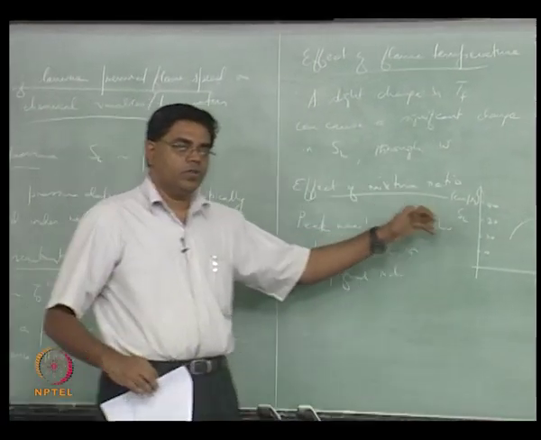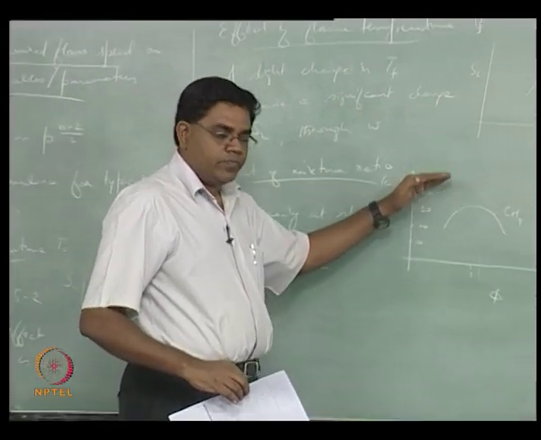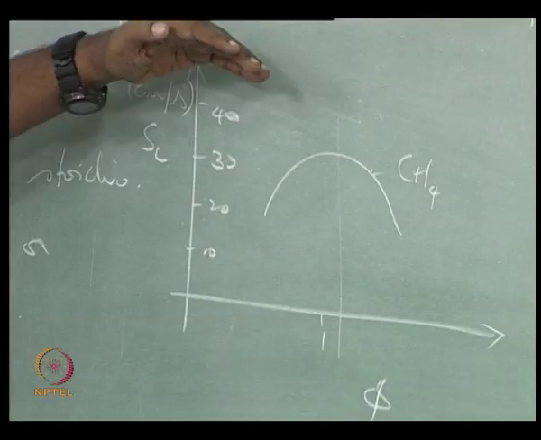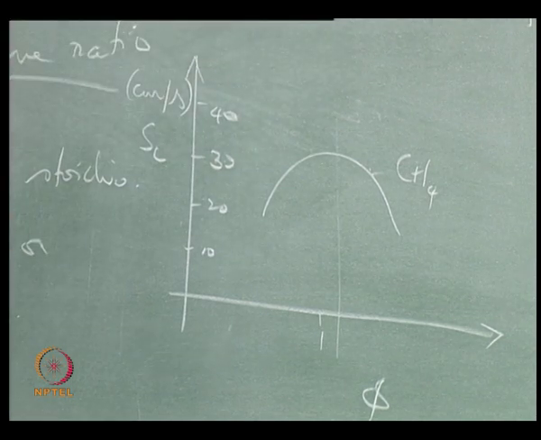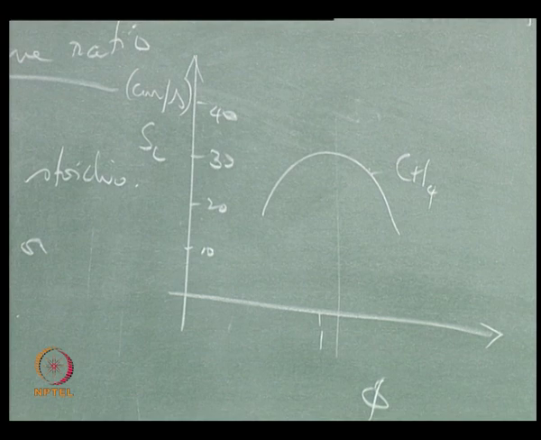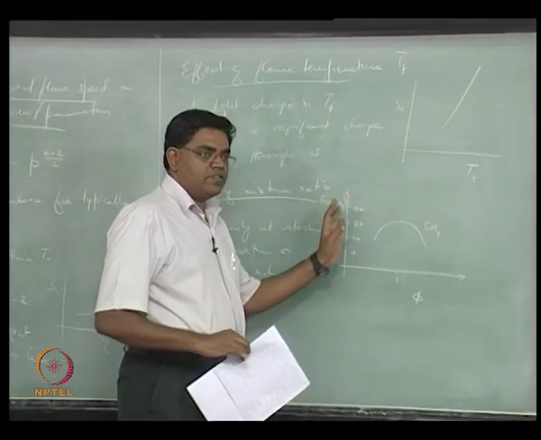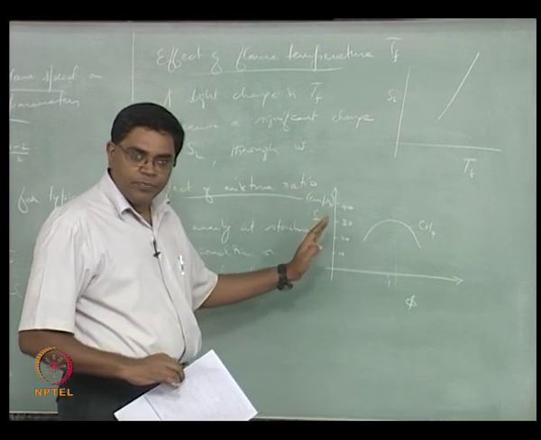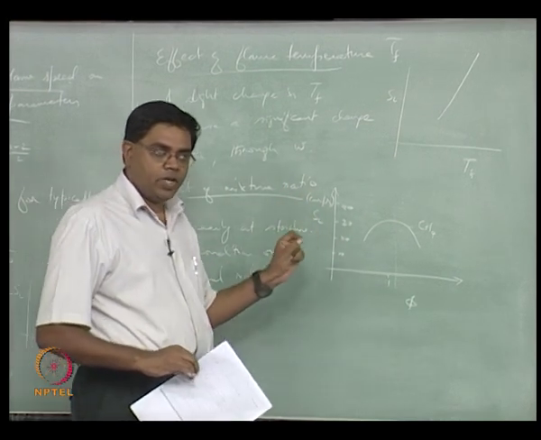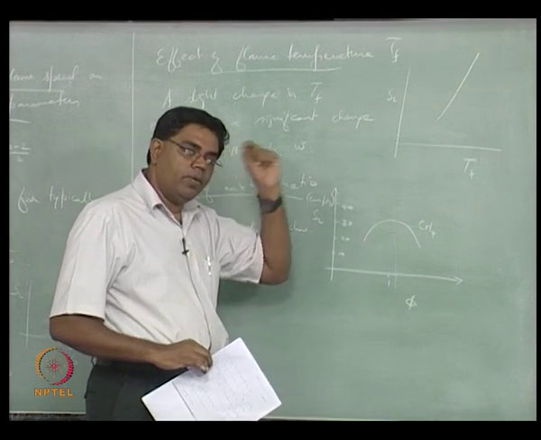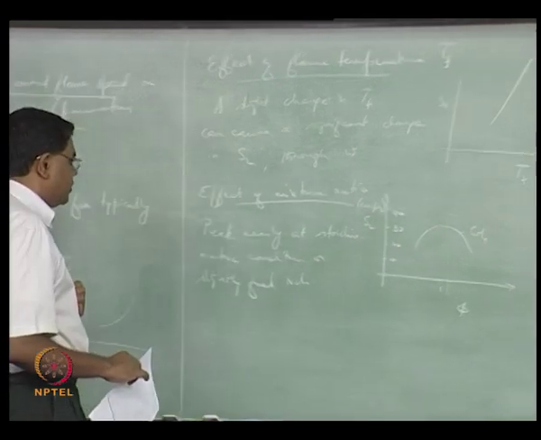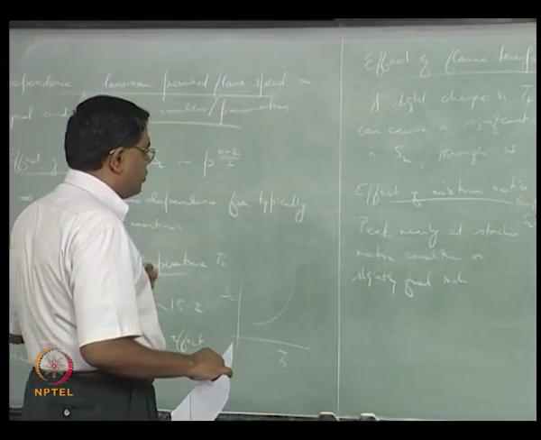Lots of other fuels will give you these kinds of curves at much higher values, maybe not much higher, maybe twice as much or maybe 3 times as much or so, around that. So we are talking about a few to several tens of centimeters per second for the laminar flame speed. Okay, so this is something that you got to keep in your mind, and in order to get a feel for things when you do, let's say, experiments or even numerical work and so on.